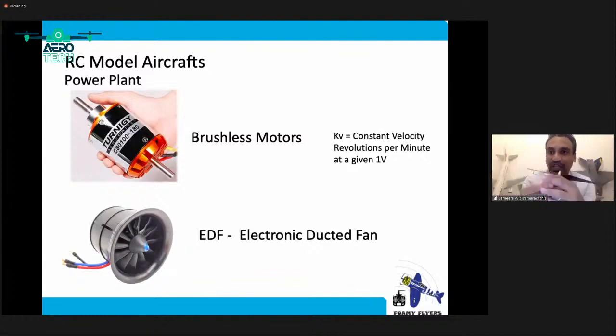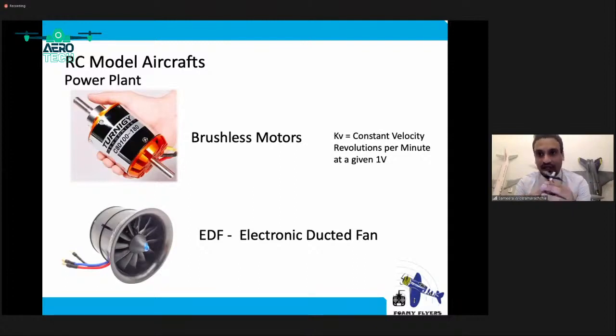Normally a motor would have, as you may know, only 2 wires, but this one has 3. And this is rated, if you can see, at 1400 kV. kV is the velocity constant. That says that this particular motor rotates 1400 times per minute at a given 1 volt.